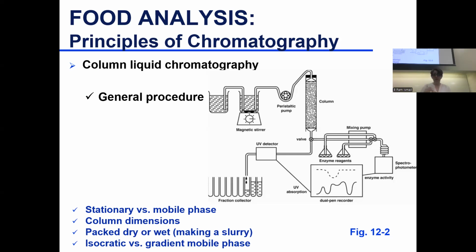But let's say you don't have perfect separation, okay? And you're going with gradient elution. And you really don't have perfect separation. It didn't go all the way down to the baseline. And let's say this is minute 5, this is minute 7.